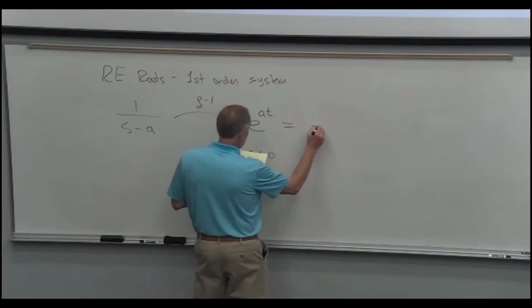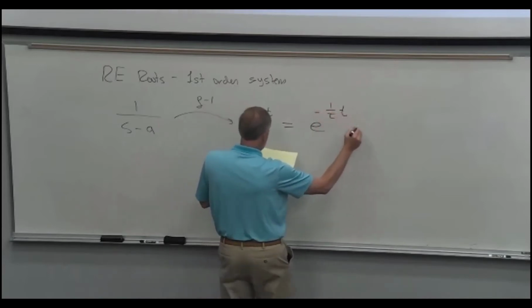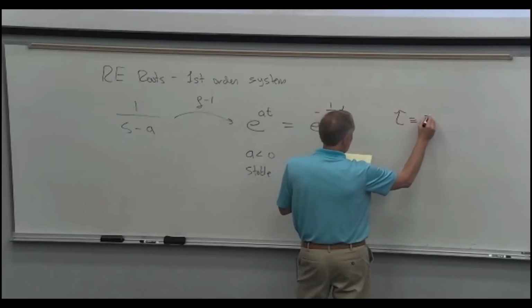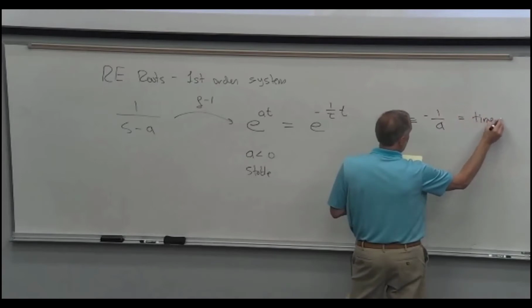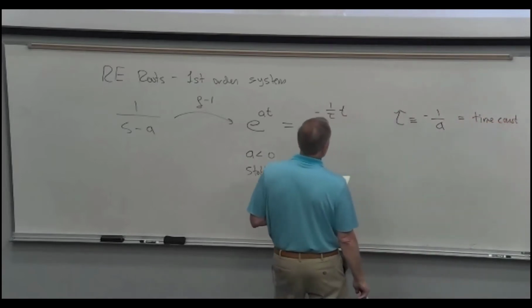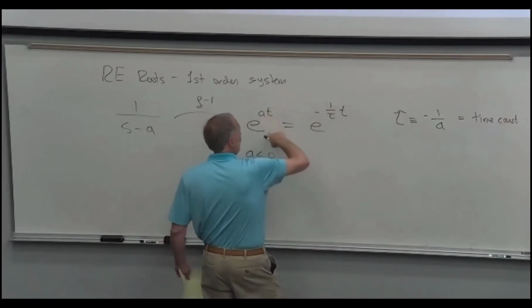And this is usually analyzed in terms of a time constant, where the time constant is defined to be minus 1 over that root. So we just define that. We say, well, this is minus 1 over tau because we just substitute in for a here.